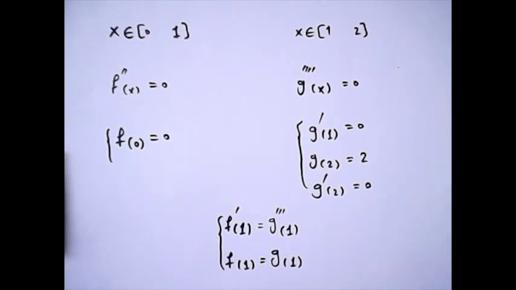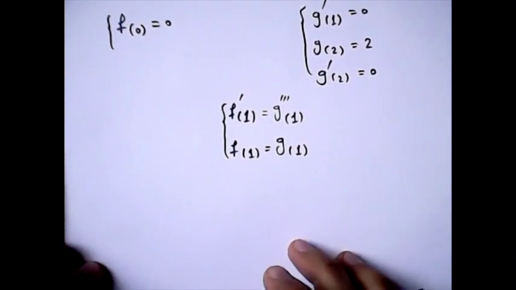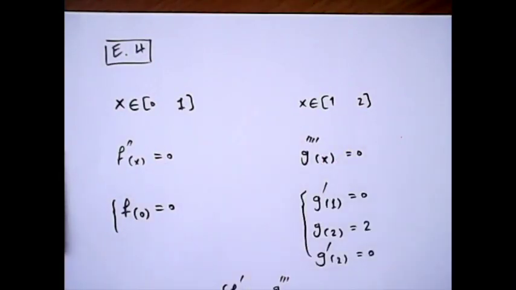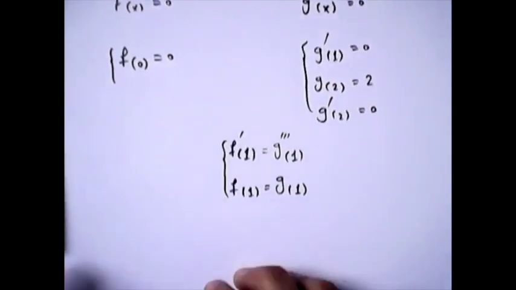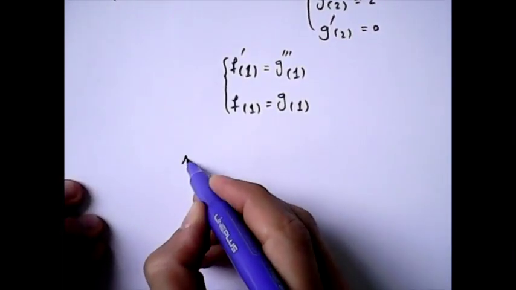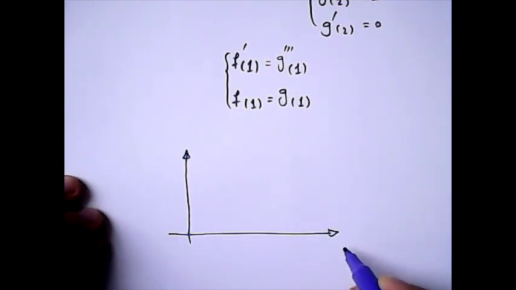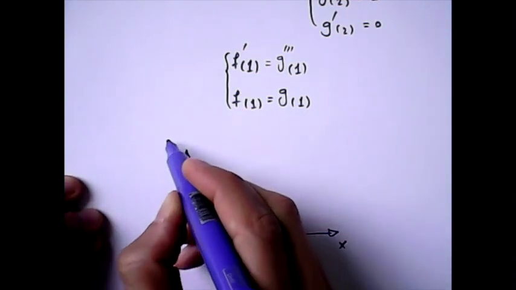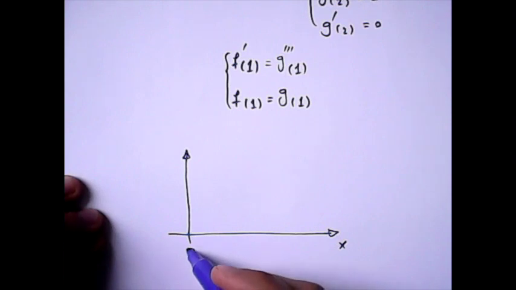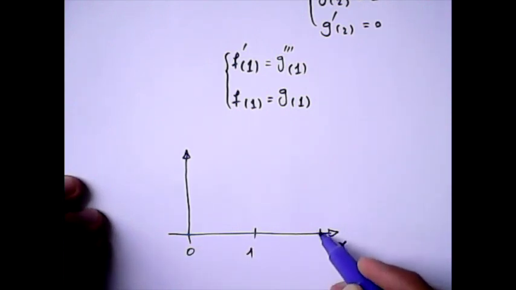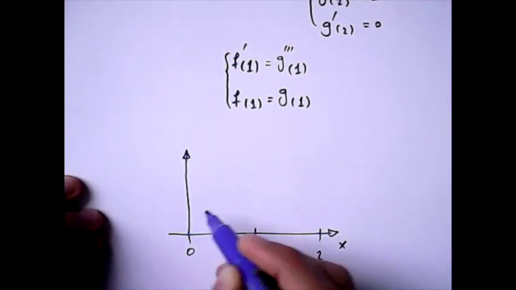Now, when you have found f and g, solve these two differential equations for f and g, and also plot them the same way that you did it before for the previous example. x from 0 to 1, plot f, whatever it looks like.